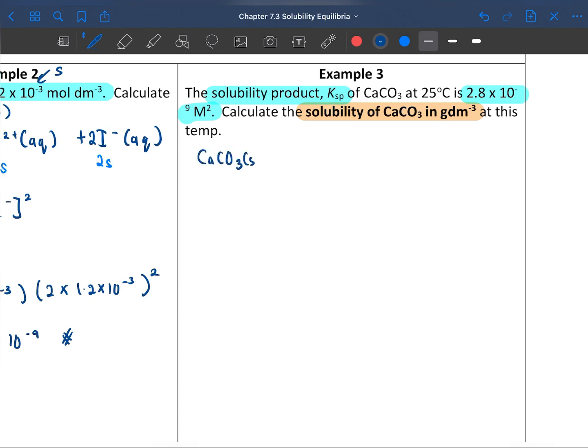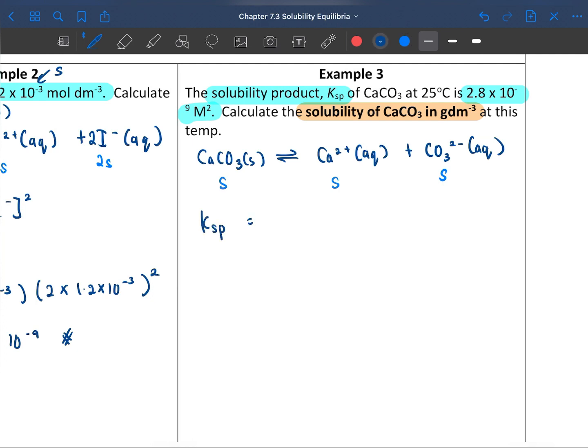CaCO3 solid dissociates to form Ca2+ aqueous plus CO3 2- aqueous. Then we want to find the solubility, S, so we write it here. The stoichiometry is 1, so S. This one's stoichiometry is also 1, so S. Please make sure your equation is balanced too. This equation is already balanced. Then we write the Ksp formula.